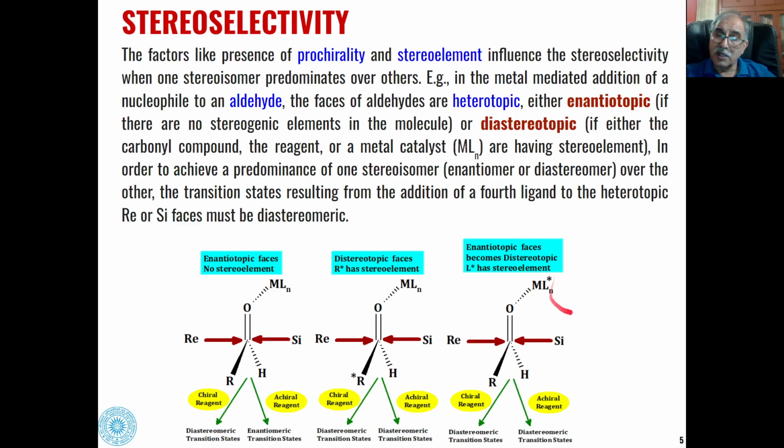So this ligand is an optically active ligand attached to the metal, and because of this optical activity, when we react it in the presence of a chiral reagent or achiral reagent, it will still pass through a diastereomeric transition state, and we will get a diastereomeric product.